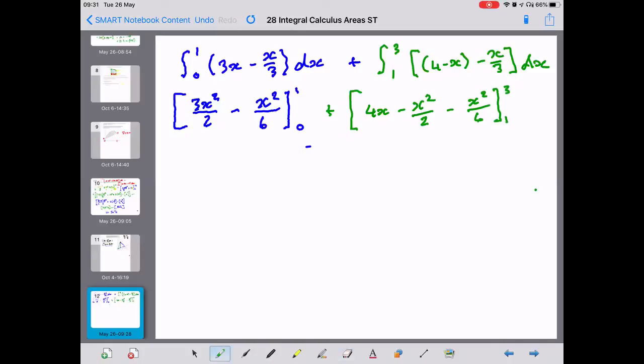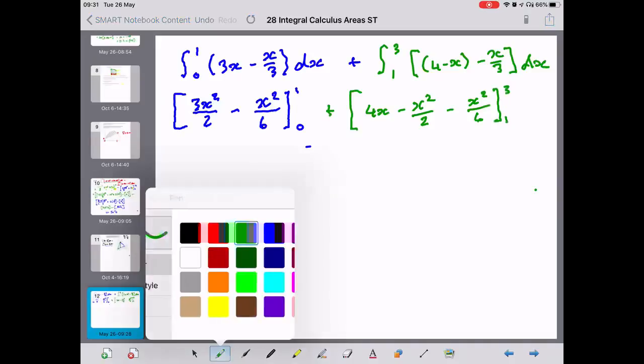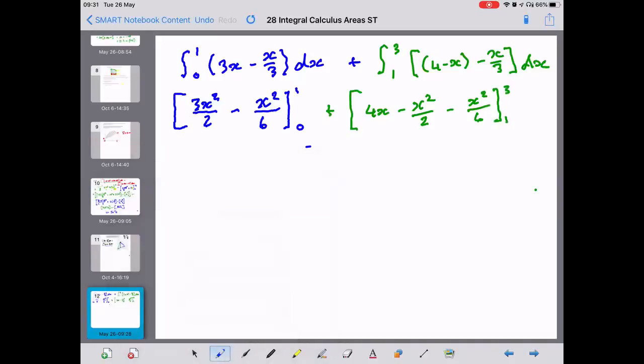So then the blue bit becomes 3 times 1 squared over 2 minus 1 squared over 6.